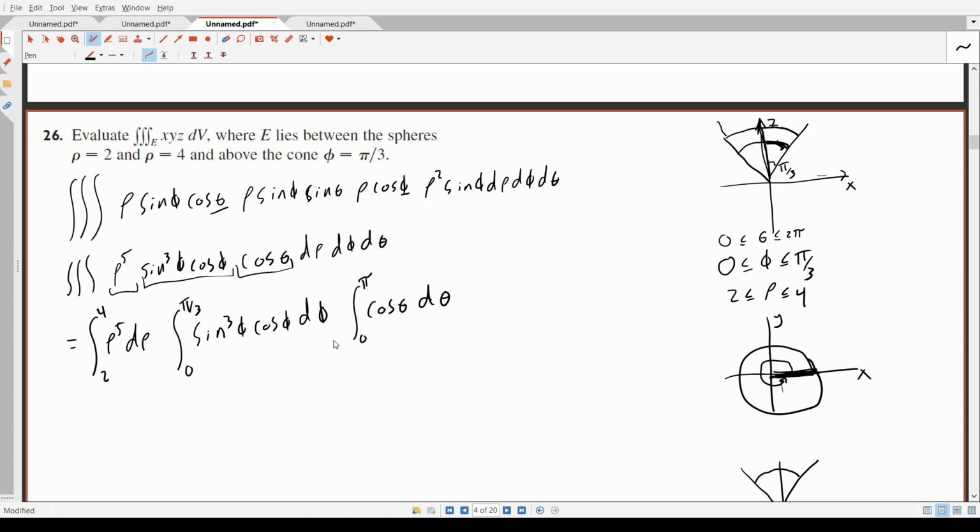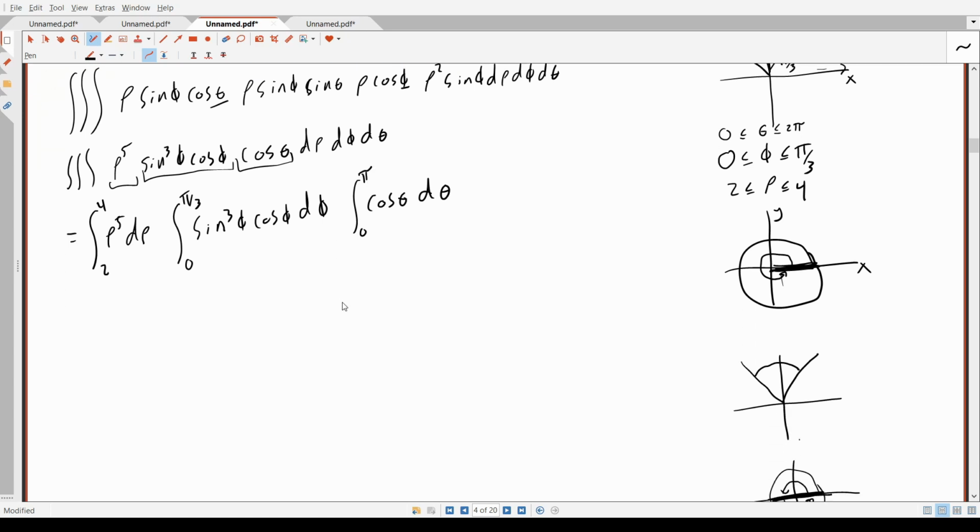Okay, so if I start evaluating these integrals, I'll do theta first. So cosine theta d theta. The integral of cosine is sine.